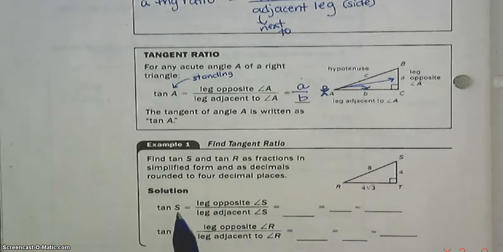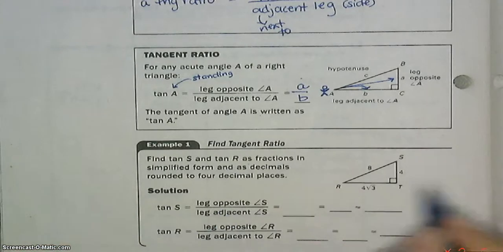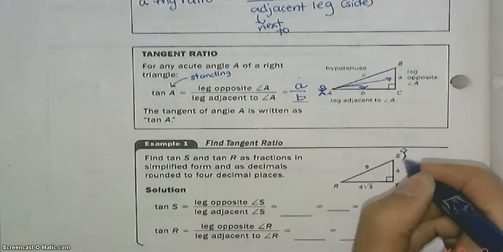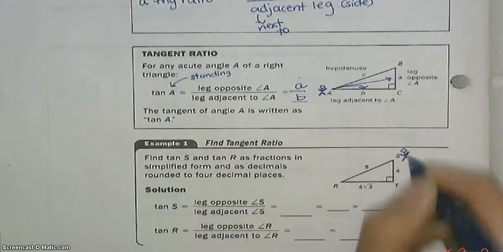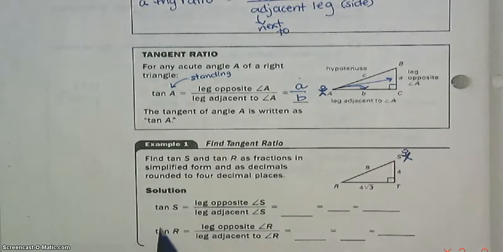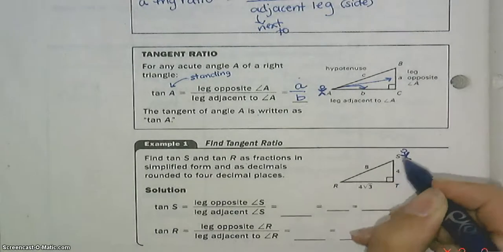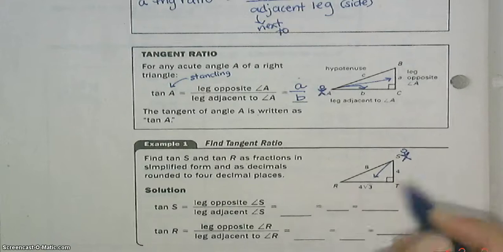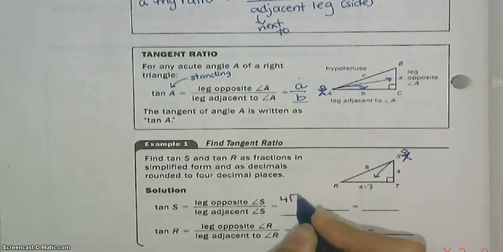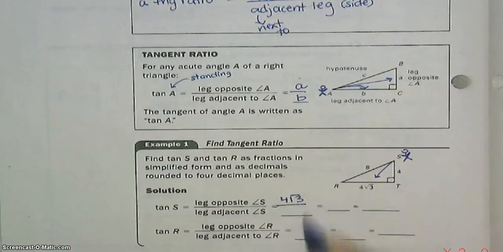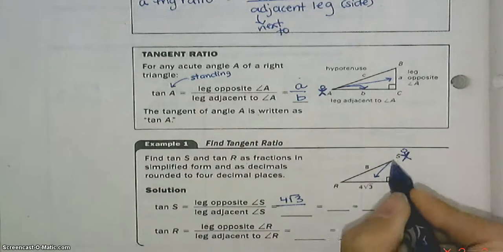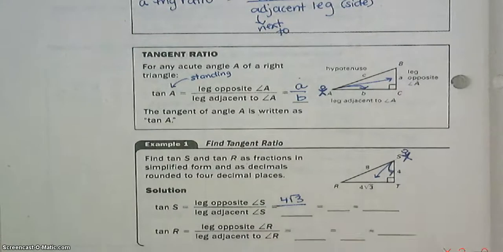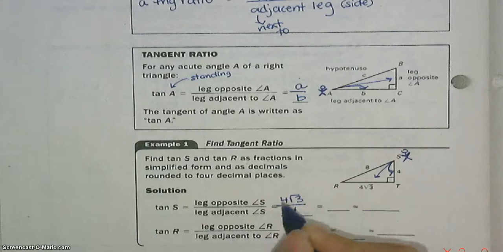So the tangent of S. So we're standing at S. Tangent means opposite over adjacent. So opposite of where we're standing is 4 root 3. And adjacent, next to us but not the hypotenuse, is 4. Oh, these 4's cancel.